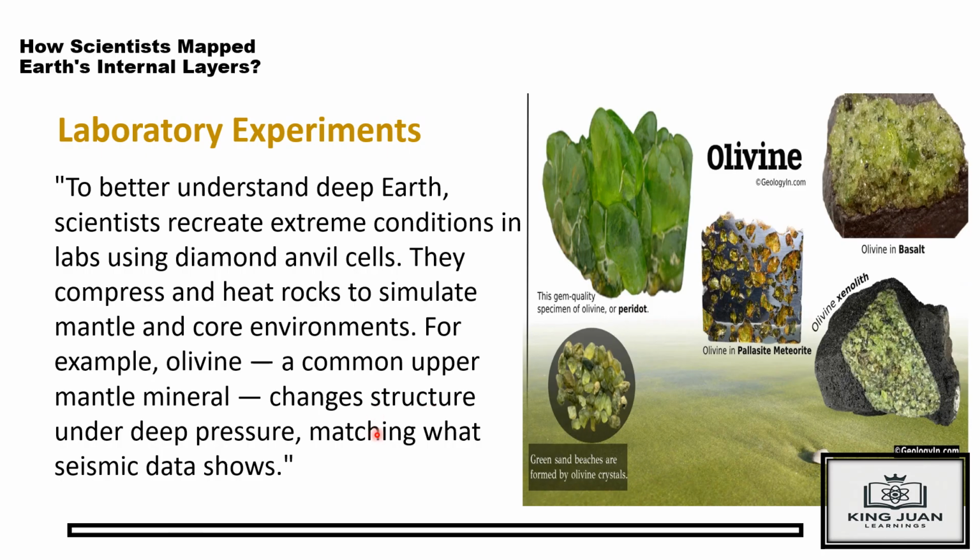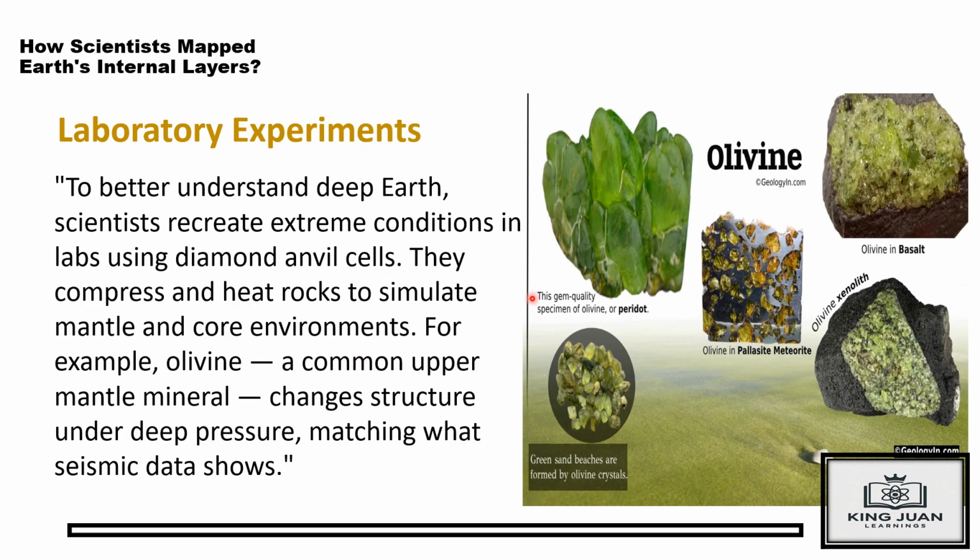Moving on, we have laboratory experiments. To better understand deep Earth, scientists recreate extreme conditions in the laboratory using diamond anvil cells. They compress and heat rocks to simulate the mantle and core environment.